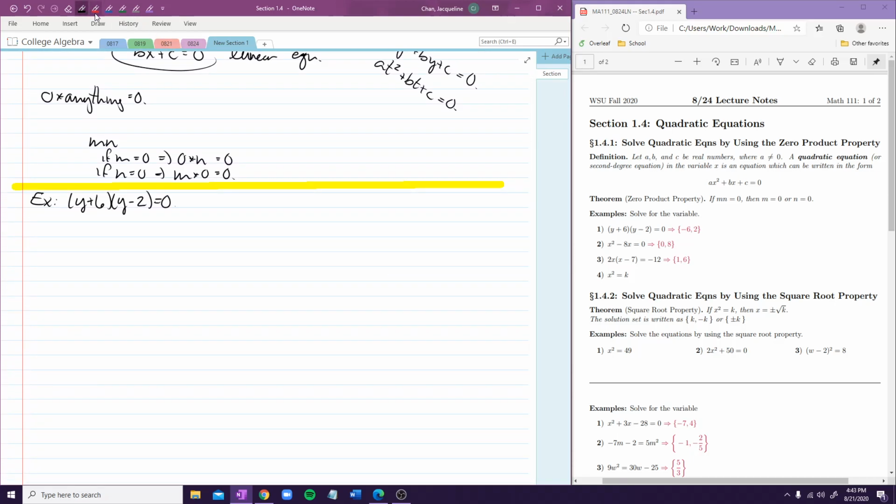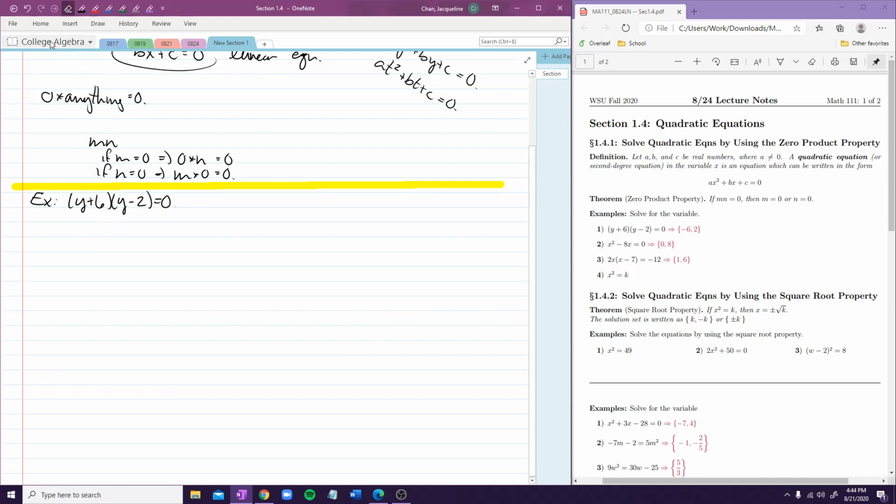In this case, we're just going to use the zero product property. A question for you: why aren't we going to FOIL this? Because if we FOIL this, we get y squared plus 4y minus 12. This puts us in a worse situation than before.